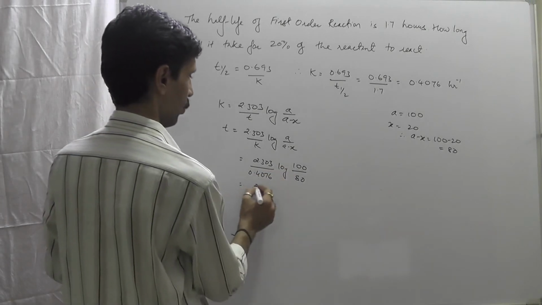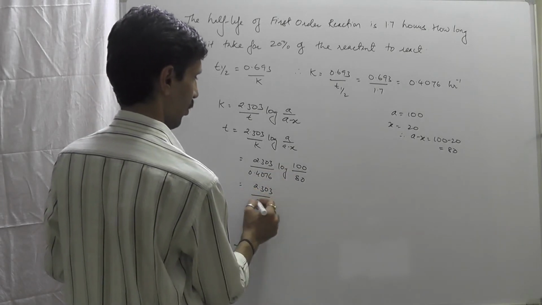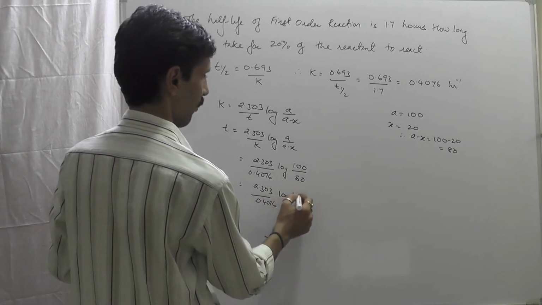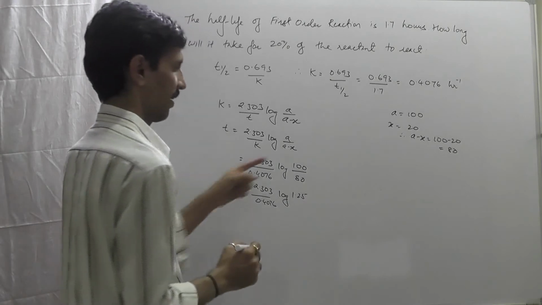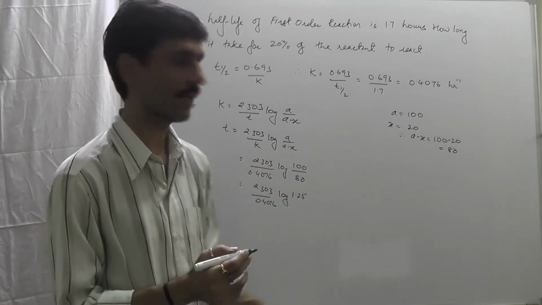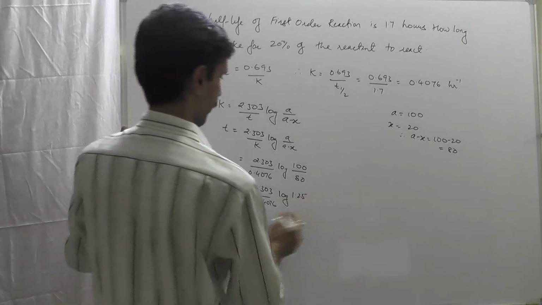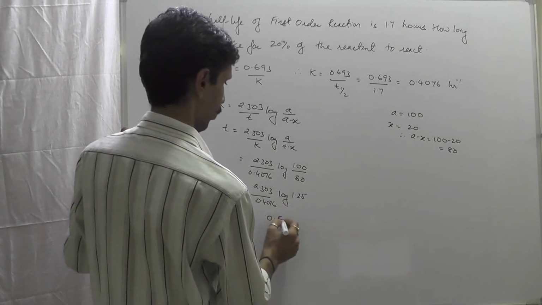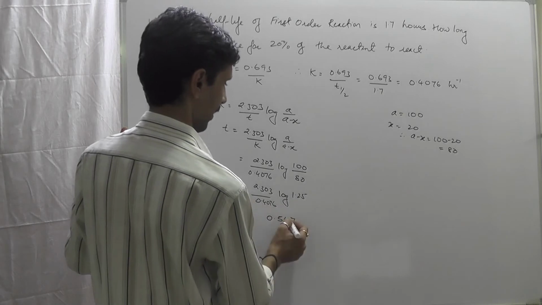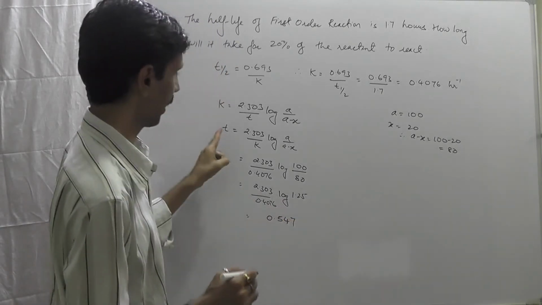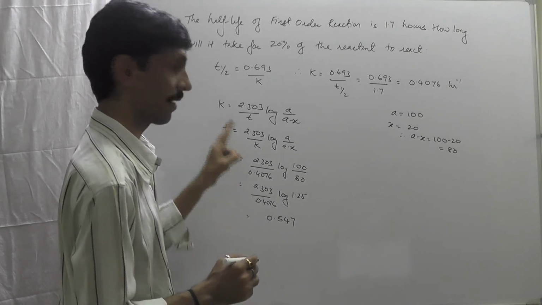So that is equal to 2.303 upon 0.4076 into log of 1.25, because 100 upon 80 is nothing but 1.25. So that is going to give me the final answer as 0.547. Okay, I will get this, but in terms of what?